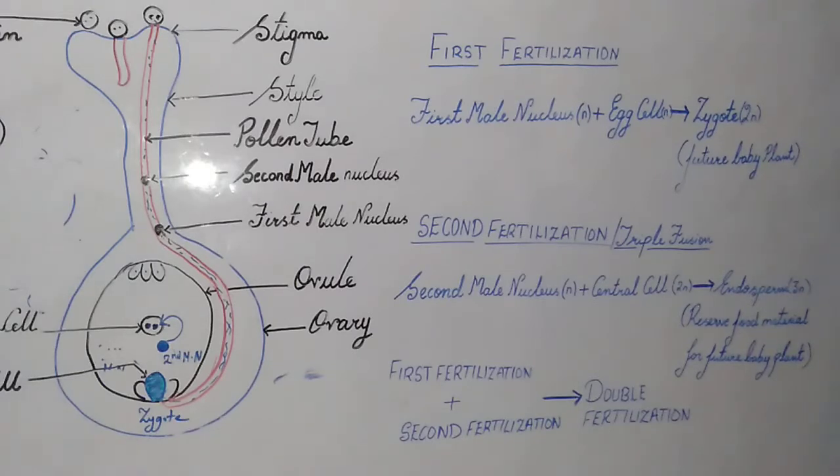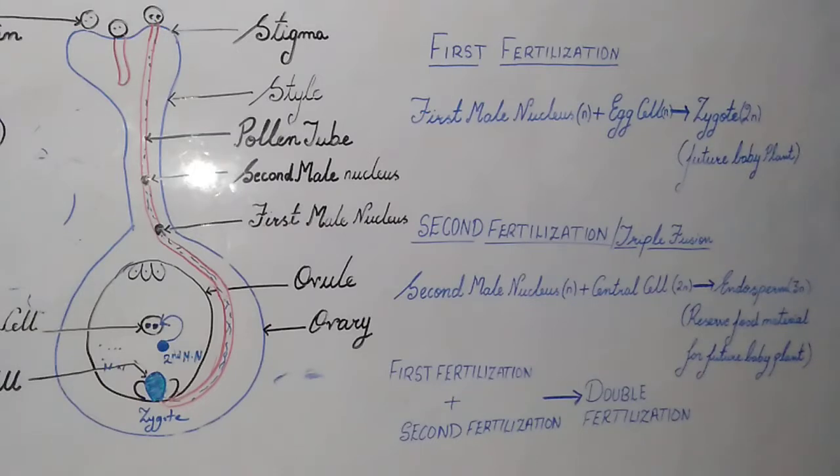Try to understand this in this manner. See, in human beings, no reserve food material is required. When a human embryo is developing in a mother's body, no reserve food material is required. Why? Because all the time that embryo is connected to the mother, it can directly get the nutrition from the mother. But if you have seen a hen's egg, the egg is not attached to the body of the mother hen.